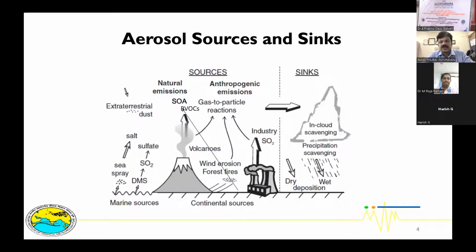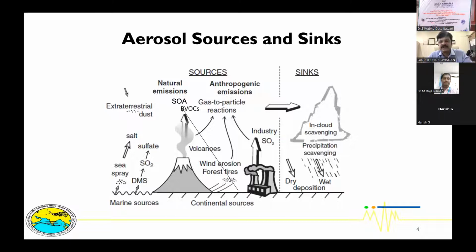So just to give a brief on the different types of aerosol sources. For example, we have marine sources that contribute to sea spray and DMS emissions. These are all natural emissions, and over the continent we have biogenic volatile organic compounds that can contribute to secondary organic aerosols.